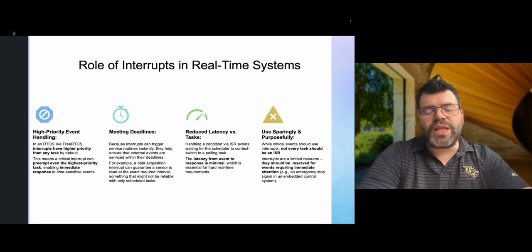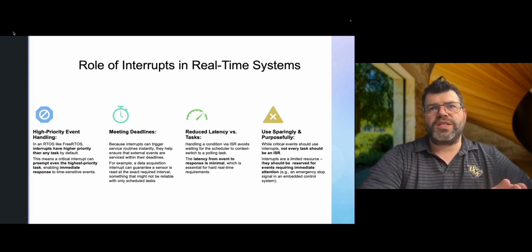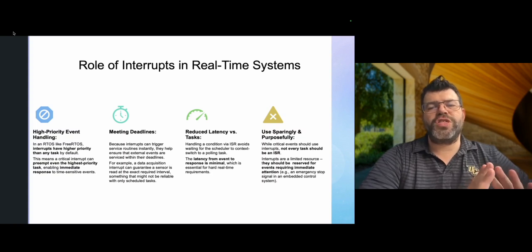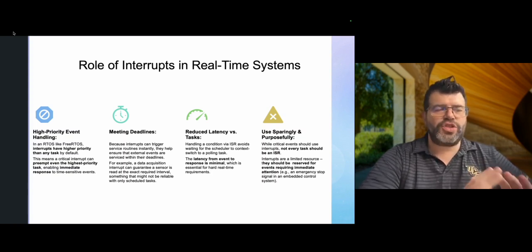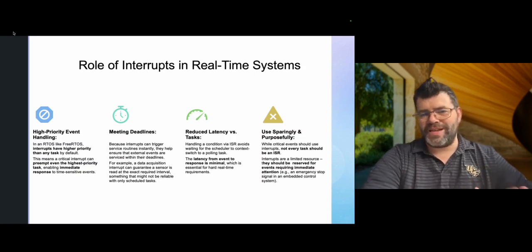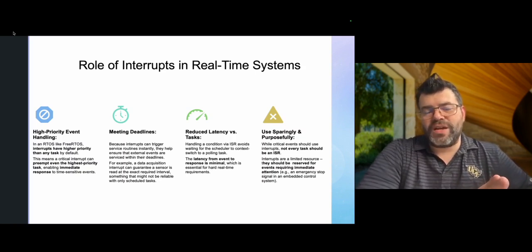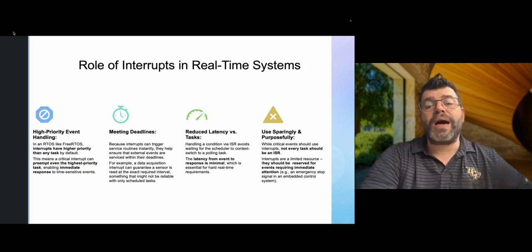It really becomes difficult to reason about. So while you can use interrupts for critical events, every task should not be an interrupt, all right? If I see that in your code, you will get points taken off because it is impossible to reason about and it's not the right approach.